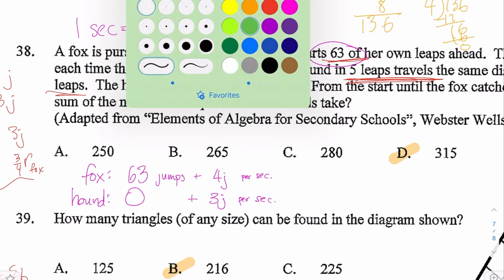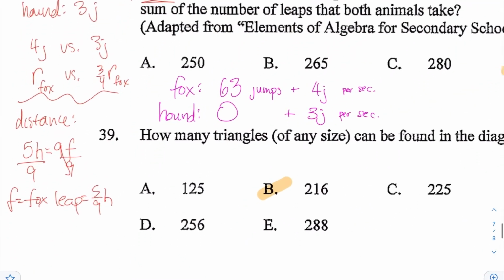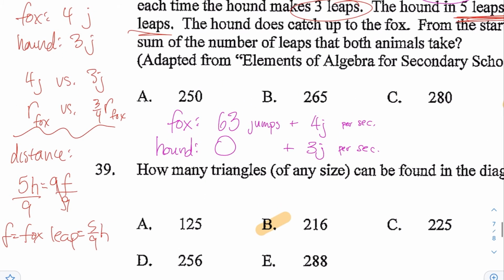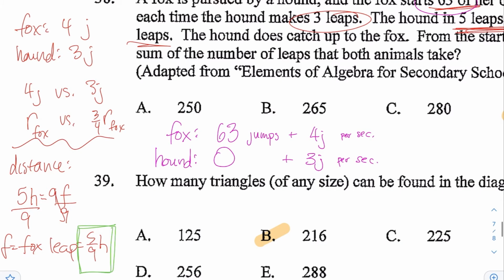Then you start bringing in the next quantity, which is the distance, because each time you jump, you also jump some distance. In this case, we're going to use the fact that a fox will jump 5/9 the distance of a hound. So this gives you the number of jumps for each of these seconds. If you multiply this by h, because the hound will jump h distance every jump, the fox will only jump 5/9 of h.